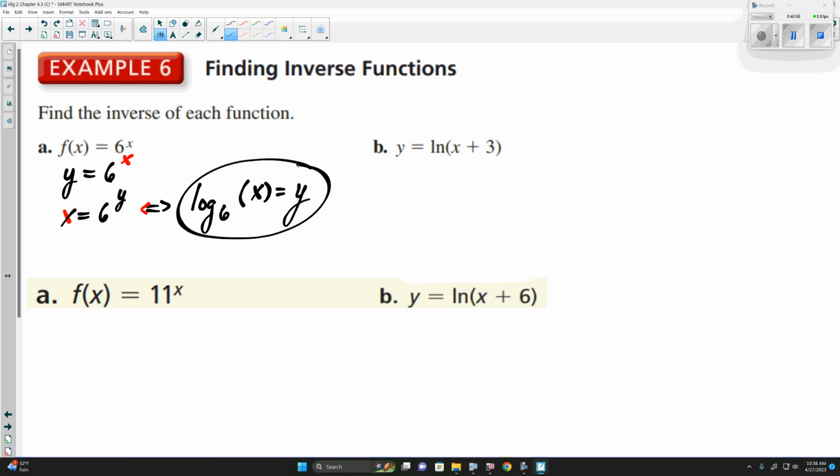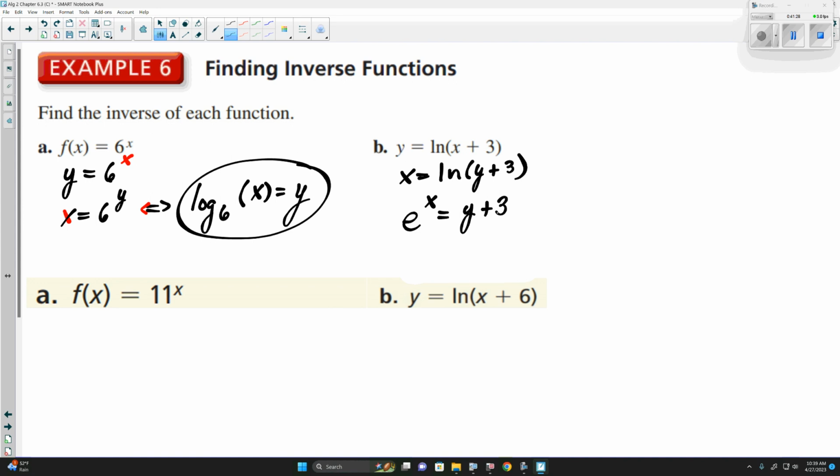Now, they already gave it to us as y equals. So the first thing we need to do is switch x and y. Now, since we are starting in logarithmic, to get the inverse, we need to switch it from logarithmic to exponential. So the base would be e to what? e to the x is equal to y plus 3.